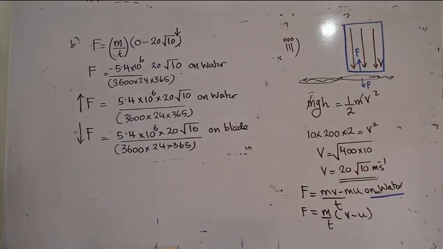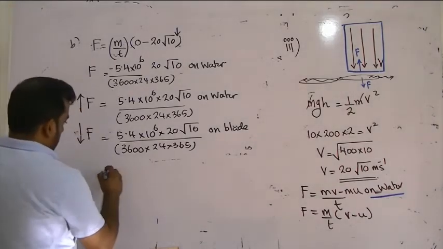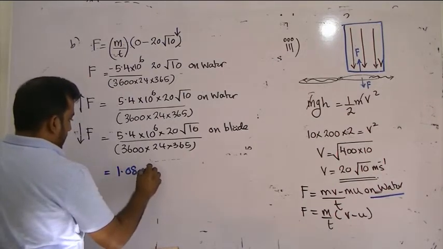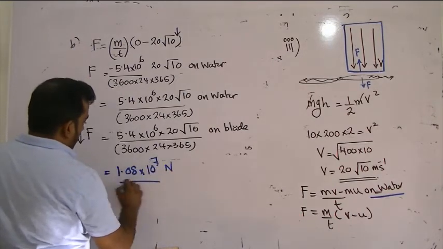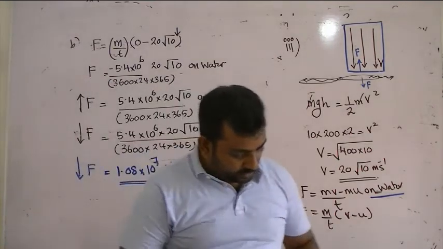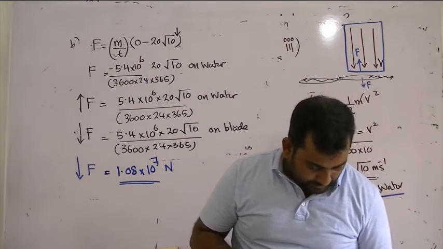If you do the basic calculation, you will get 5.4 times 10 to the power 6 times 20 into 10, which is 1.08 times 10 to the power 7 newtons. So the force acting downwards on the blade is 1.08 times 10 to the power 7 newtons.